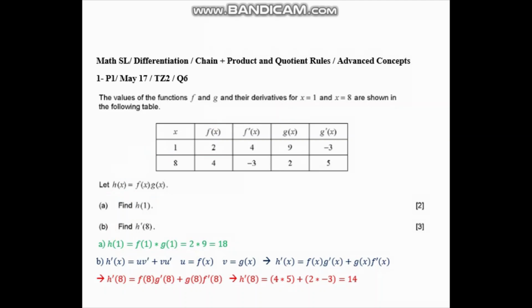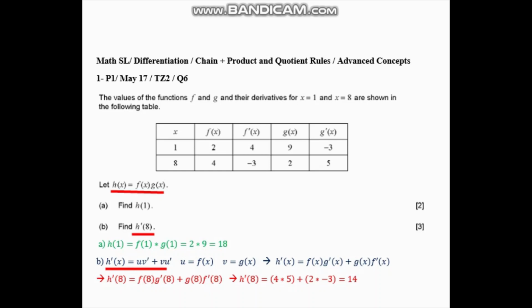Now for question B, I am required to find h dash of 8, where h of x is the product of two different functions of x. So I should understand from that I should use the product rule right there in front of me. And the product rule is used when I have two different functions of x.